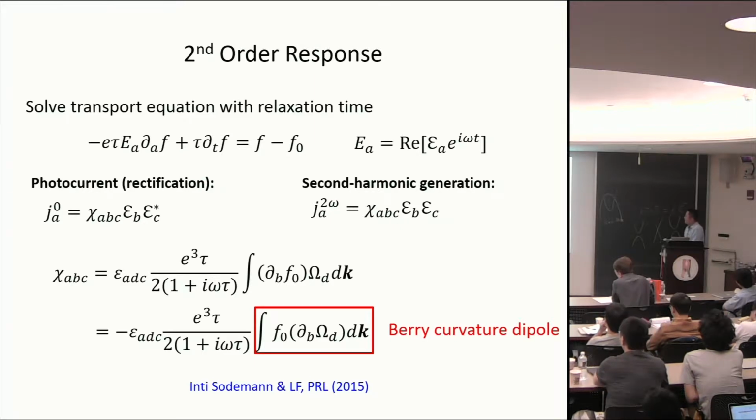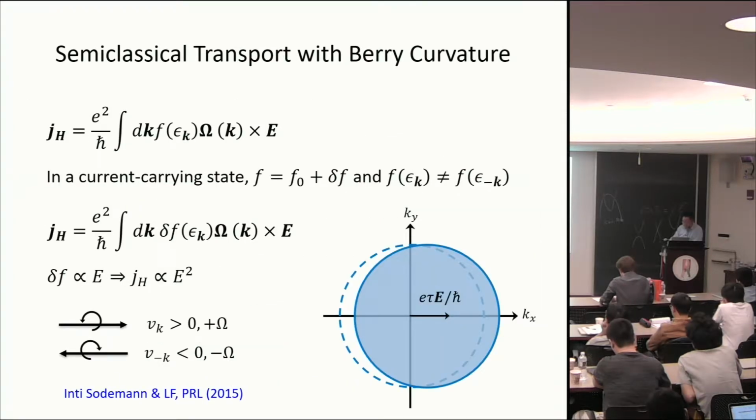And it turned out both effects, in this low frequency limit when the transport theory applies, are described by the same coefficient, which is a rank 3 tensor, chi ABC. This chi is given by the Berry curvature integrated over the derivative of the equilibrium distribution with respect to k, because we are dealing with a second order response.